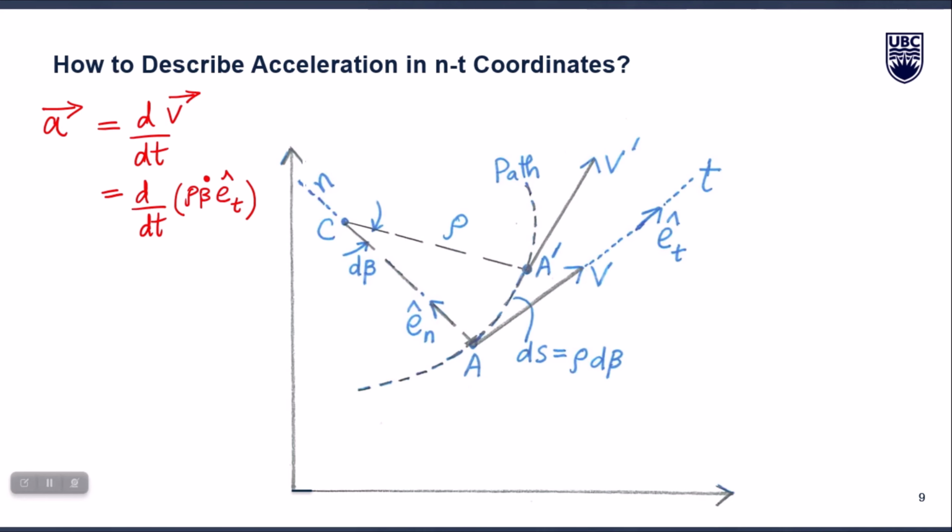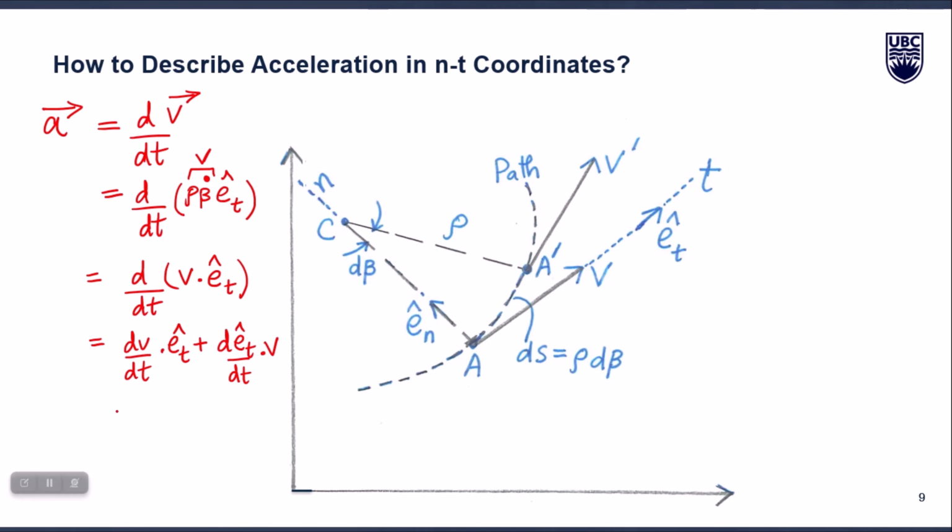We can evaluate this differentiation now. If I just call this small v without a cap on it, it becomes the magnitude of velocity. So it becomes d by dt of v times E sub t, where v is the magnitude of velocity. This becomes dv by dt times E sub t plus d of E sub t by dt times v.